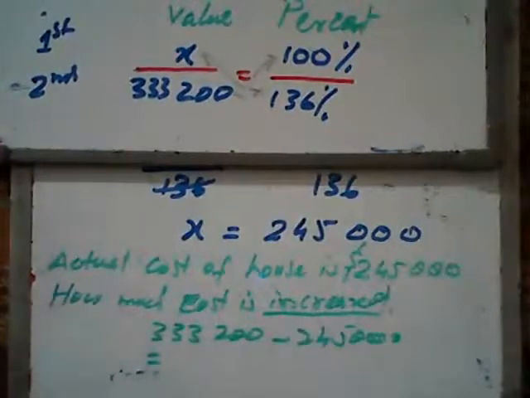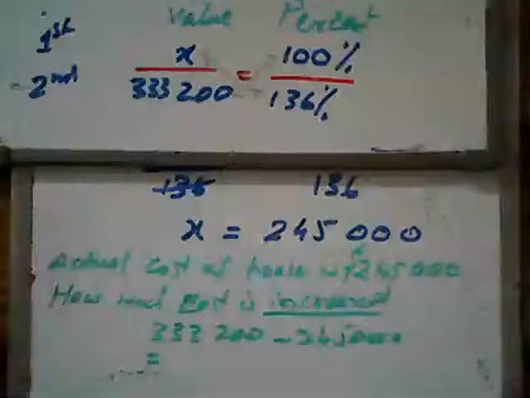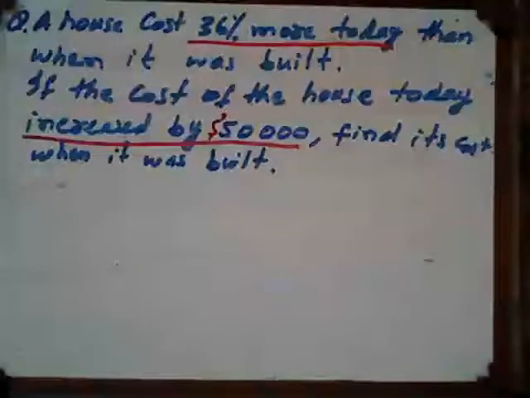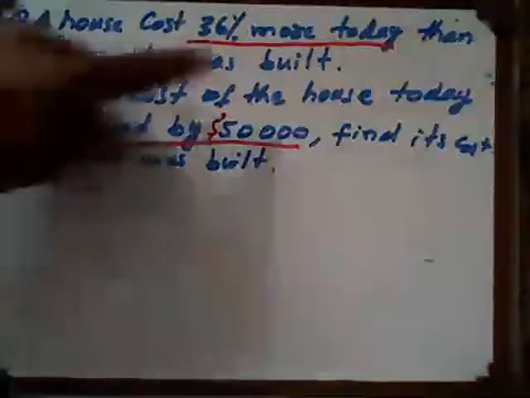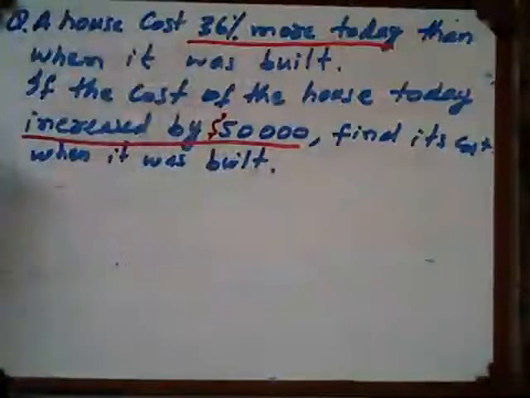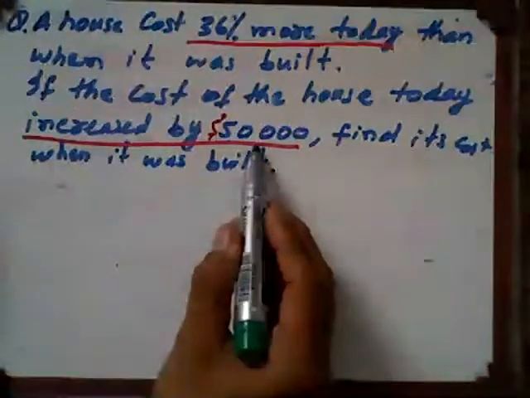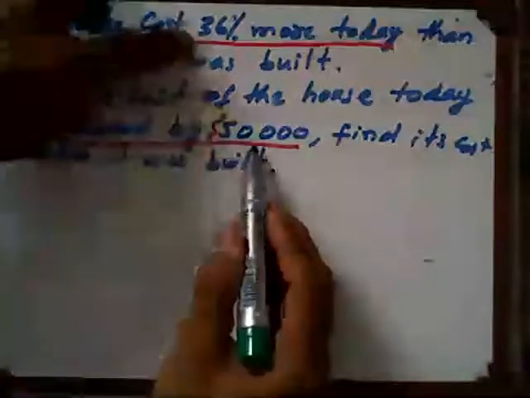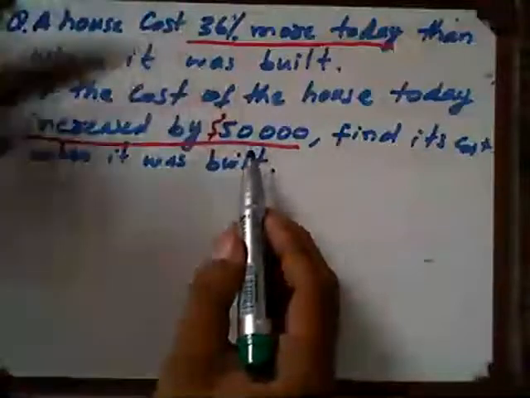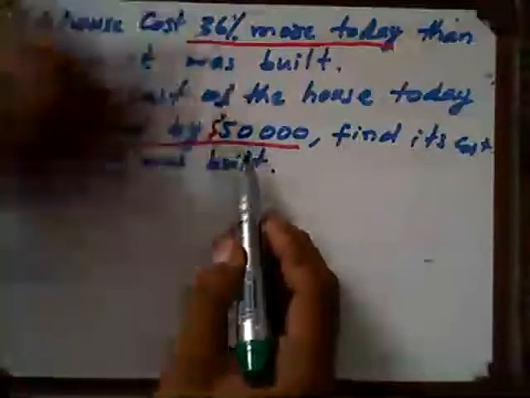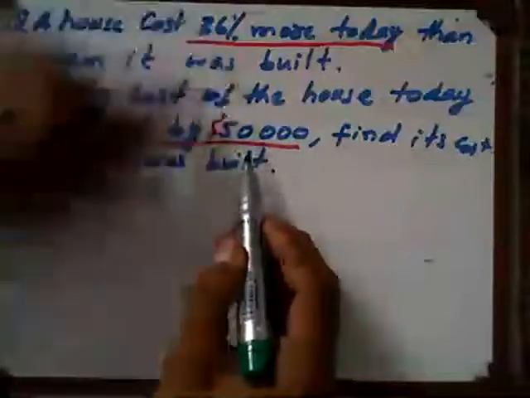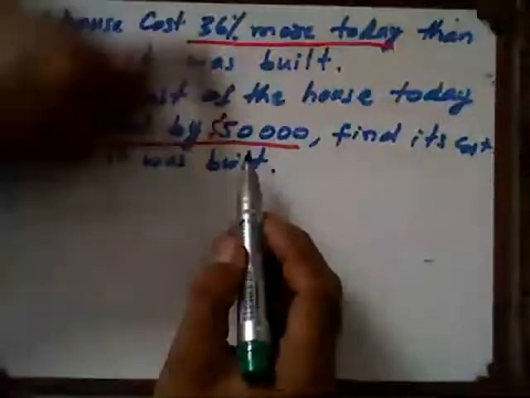Now the same question with a different approach was this. Now cost 36% more today when it was built if increased. So the difference is already been given. So this is also a difference. So it means both the values are reflecting each other.